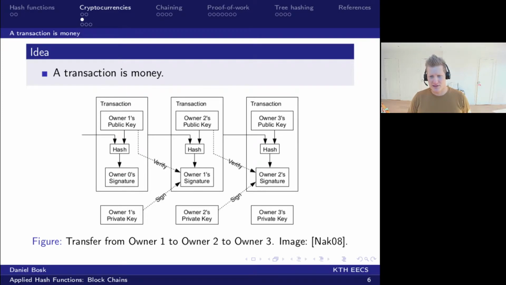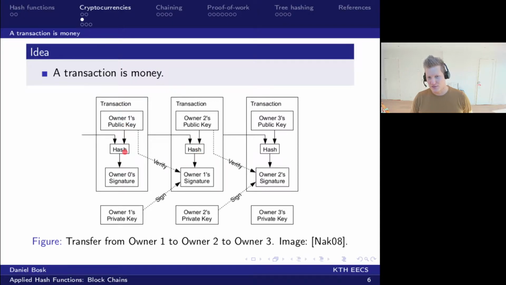So if we look at this figure, we have that each of these are transactions. Then for a transaction here, you have the owner of the transaction, which is the recipient from another transaction. So we see here that this transaction goes into the next transaction.